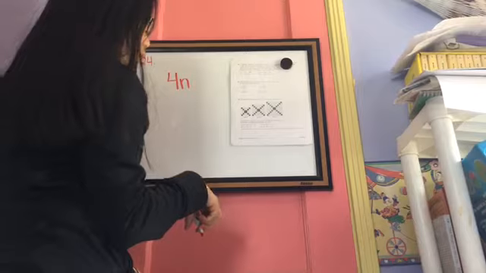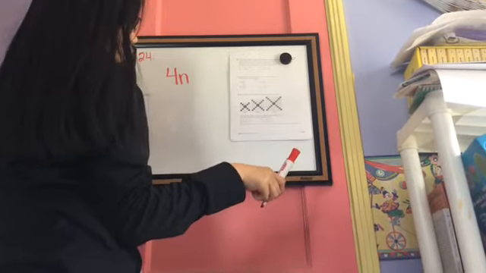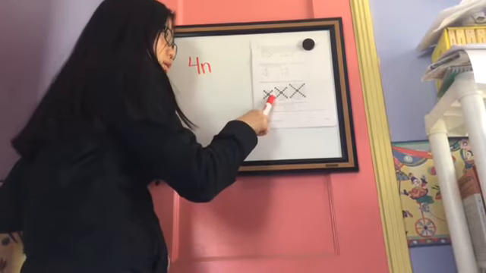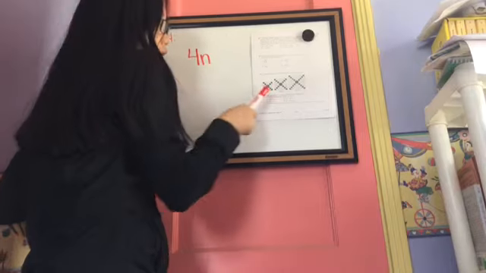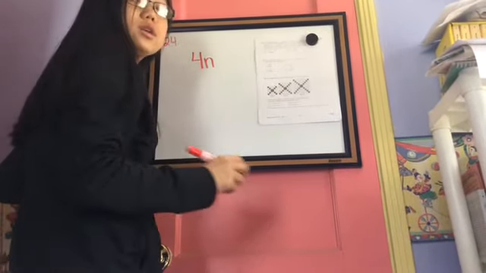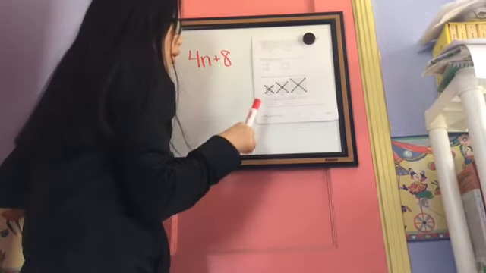Now we gotta find out what the plus b is. So we look at number 1, and we know that 1 times 4 is 4. But there's still 8. So it actually starts off with 8. So it's 4n plus 8, not 4.